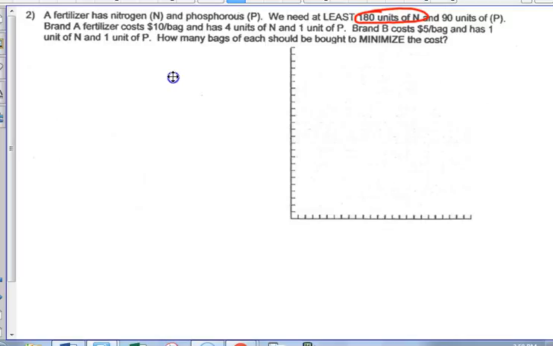At least that much means greater than or equal to, okay? And that's nitrogen. And then 90 units of phosphorus, at least, again. We can't have negative, right? But we'll get to that in a second.